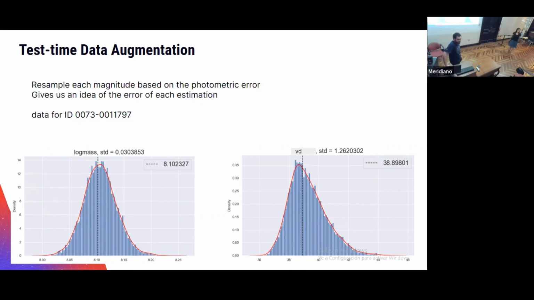But because from the beginning your network was tending to give almost always the same answer, you know what I mean? So is this estimation of the error a result of the fact that your network is tending to give the same answer with small dispersion?